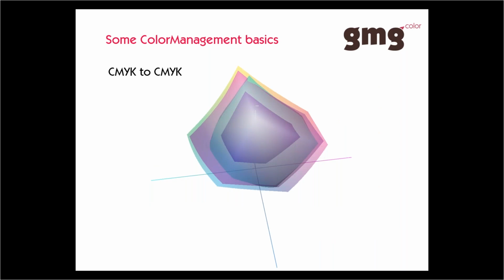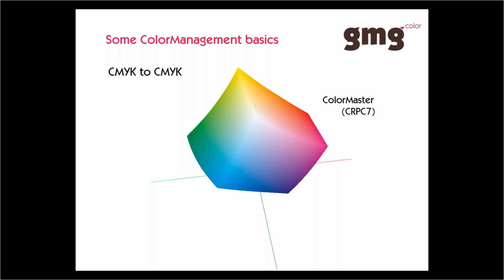So let's get back to the color spaces. We didn't talk yet about the largest of the CMYK color spaces. This is the Color Master. This is a proposed color space for color communication. We at GMG developed this one some years ago, and we called it Color Master.